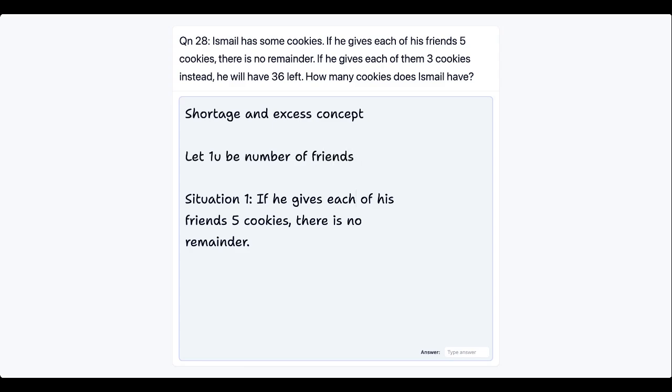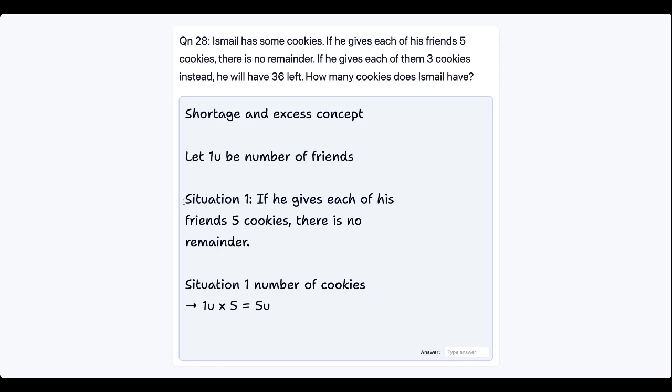So if he gives each of his friends 5 cookies, there is no remainder. That means in situation one, the number of cookies is equal to the number of friends times 5 cookies each. This will be 5 units, right?